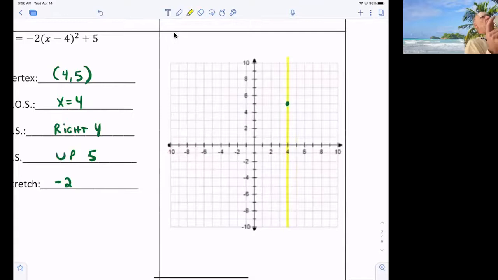Normally I would go over 1 and up 1, but in this case, it's called a vertical stretch of 2. That means you're multiplying the y values by -2. So instead of going over 1 and up 1, we're going to go over 1 and down 2. Why 2? Because 1 times -2 is -2.